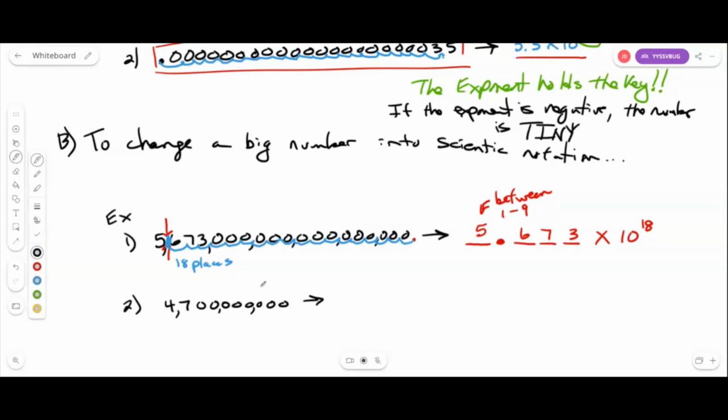Okay. This number is not nearly as big as this number, but it is a big number. We're talking about hundreds, thousands, millions, billions.